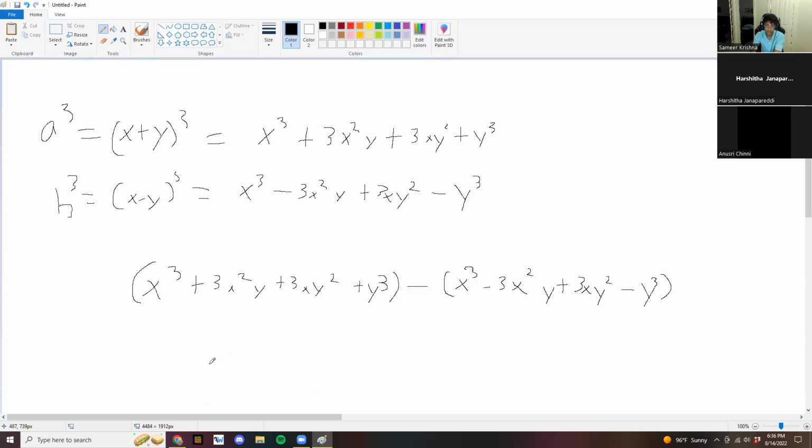Okay, now that is equal to x cubed minus 3x squared y plus 3xy squared minus y cubed, then plus y cubed plus 3xy squared plus 3x squared y plus x cubed.